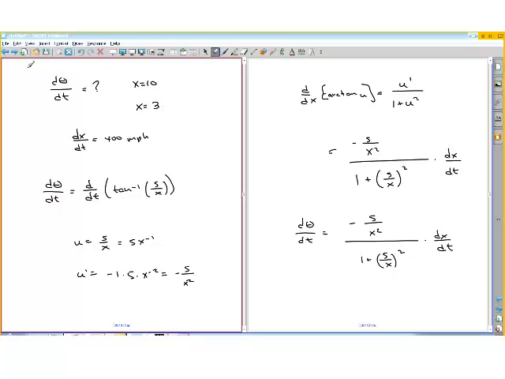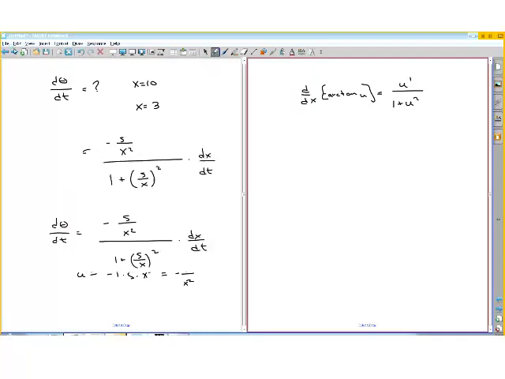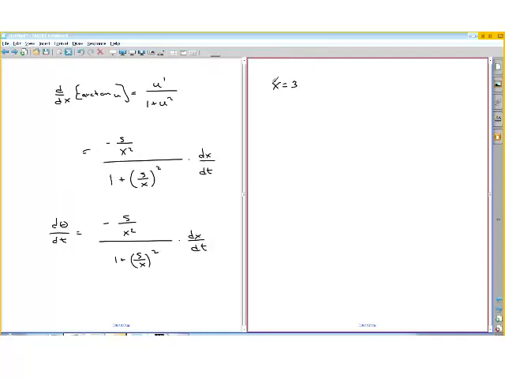And we have two values of x, so we're going to evaluate this at two values. So for x equals 3, d theta dt is equal to minus 5 over 3 squared divided by 1 plus (5 thirds) squared, times 400 miles per hour.